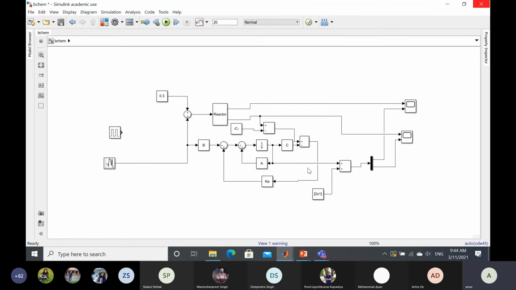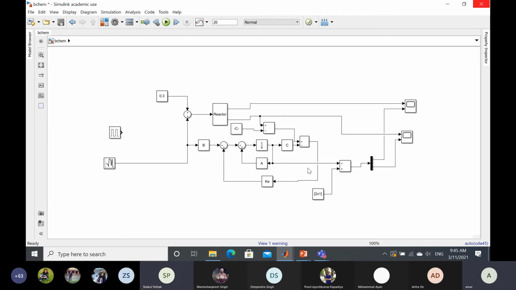So the observer equation, you remember, x bar dot is equal to A x bar plus B u plus Ke into y minus y bar, isn't it? Which is C into x bar. Okay, sir. So here we have to use deviation variables.